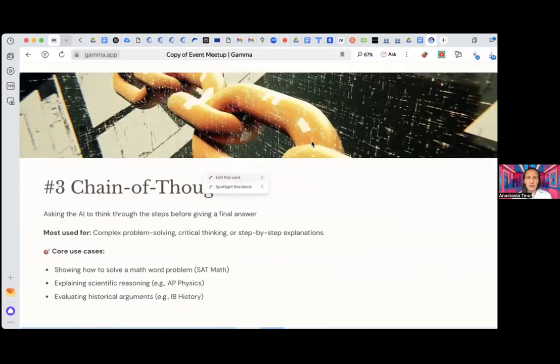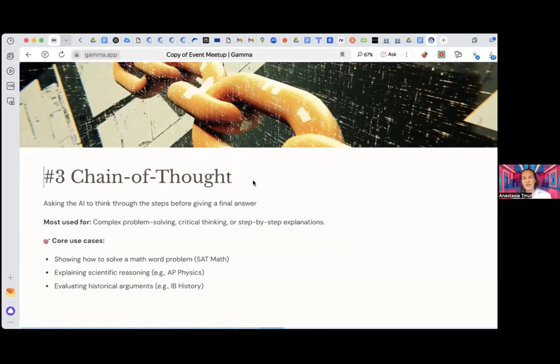So next one, chain of thought. It's my favorite, really. I like it so much because I like complex problem solving, and it is most used for complex problem solving, critical thinking, step-by-step explanations, all the topics which are complicated or unclear.